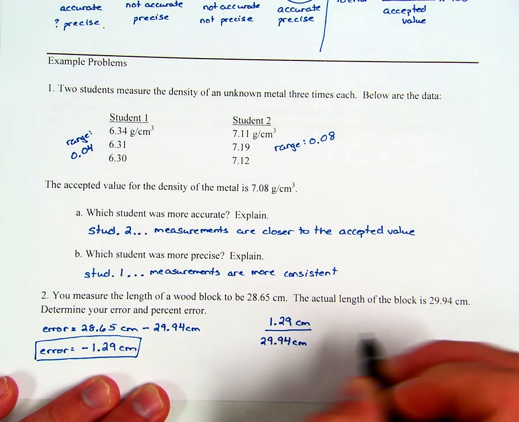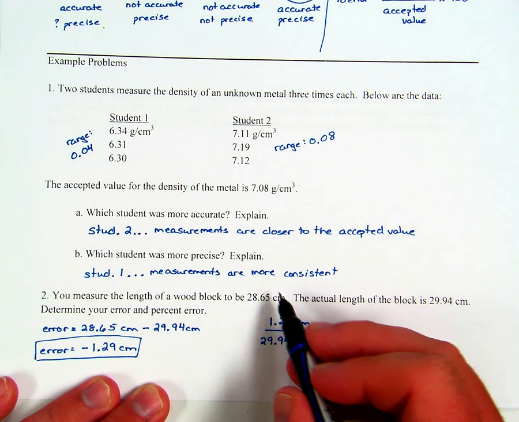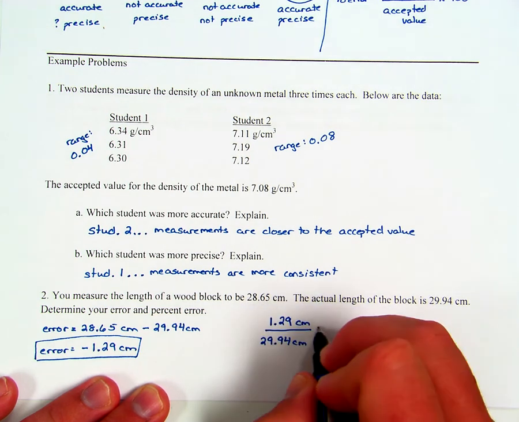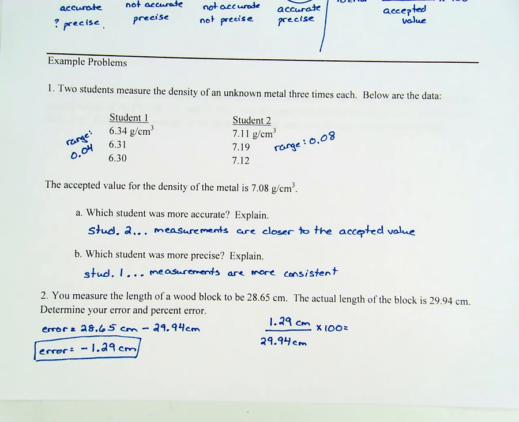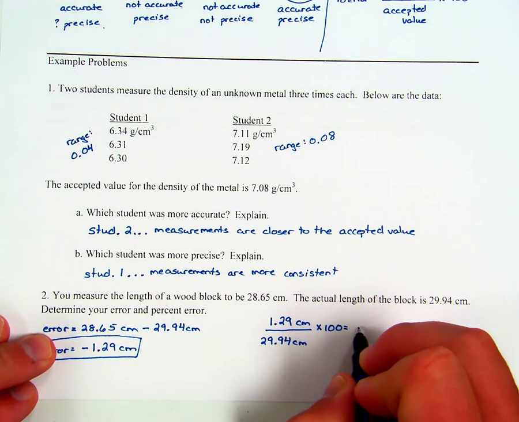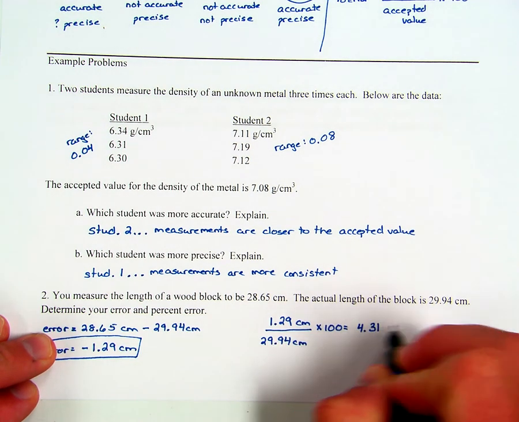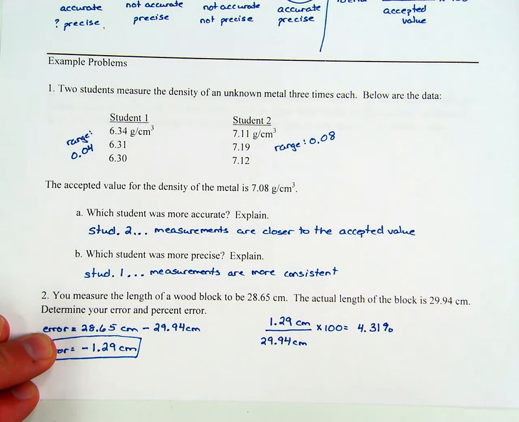And then we're going to multiply by 100 to turn it into a percentage. Let's plug this into the calculator. I get 4.31%. Notice centimeters cancel here, and we turn it into a percentage by multiplying by 100. So this is our percent error.